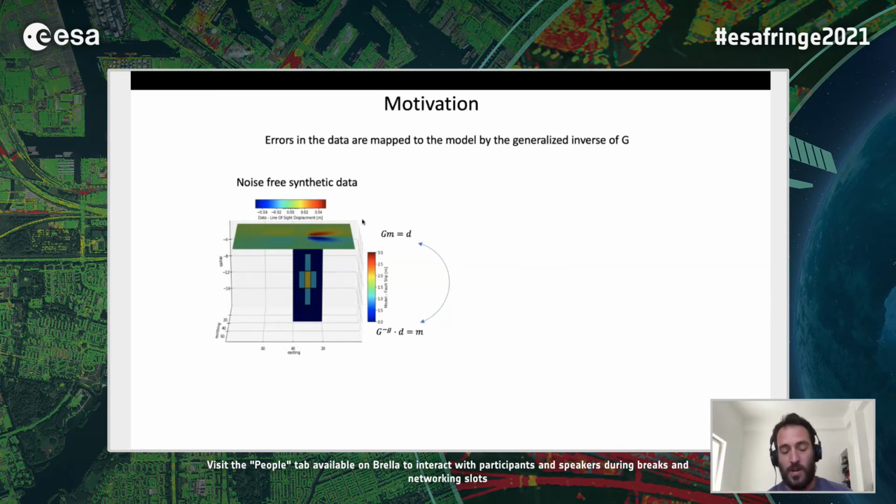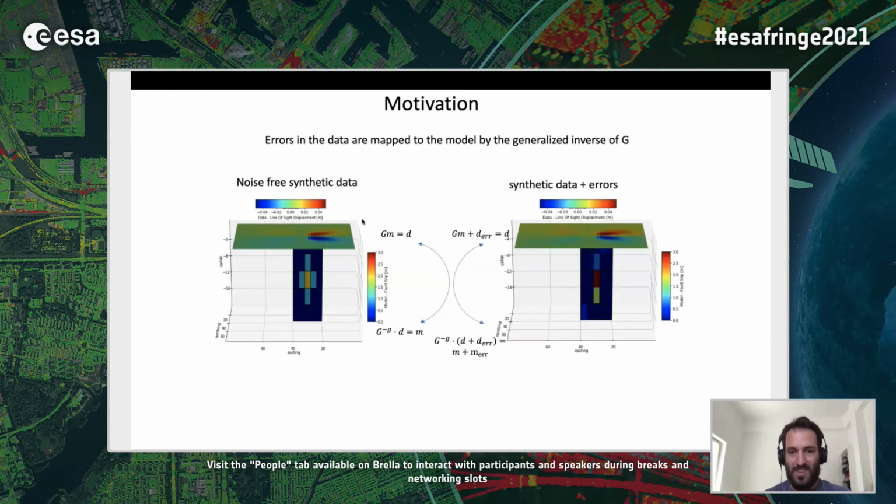This is not a surprising result, because we calculated the data with the same elastic kernel as we inverted it with. But if we add some errors to our data, which do not need to be very large, we suddenly get a different result. We may keep some of the same features. The maximum slip is still in the same place, but apart from that we're getting a pretty different slip pattern.